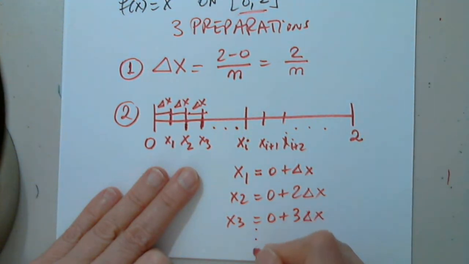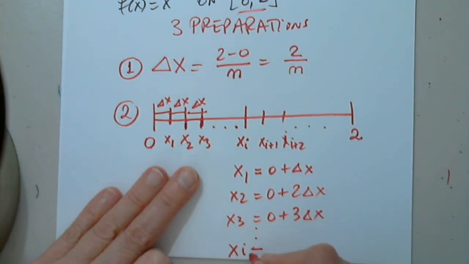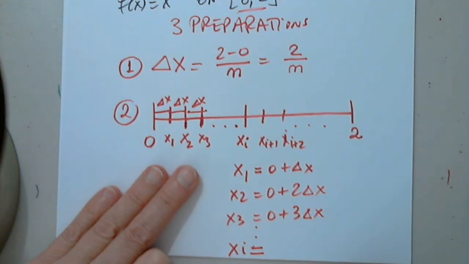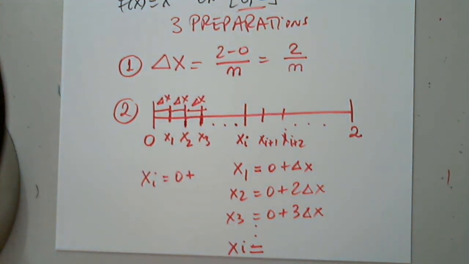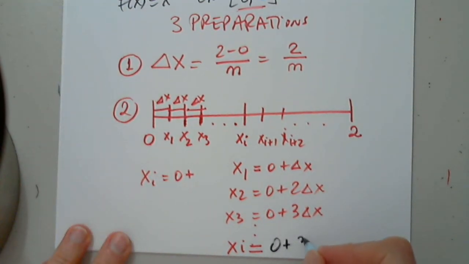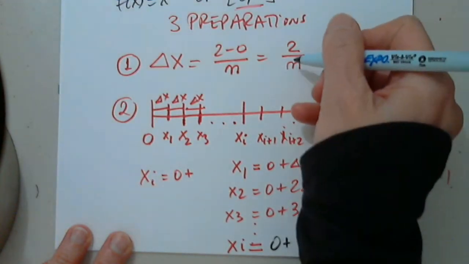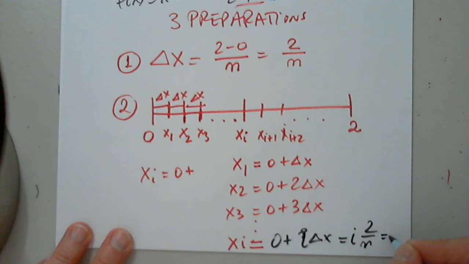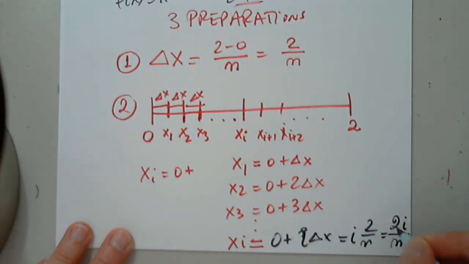And now I want xi. How do I represent xi? Would it be 0 plus i delta x? Exactly. Excellent. That's what it is. 0 plus i delta x, which means i times delta x is 2i over n.